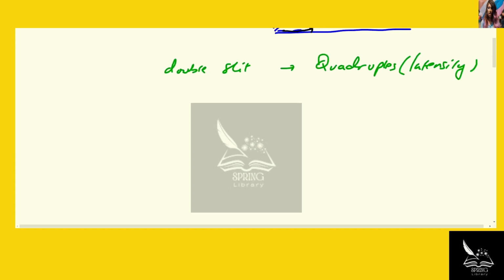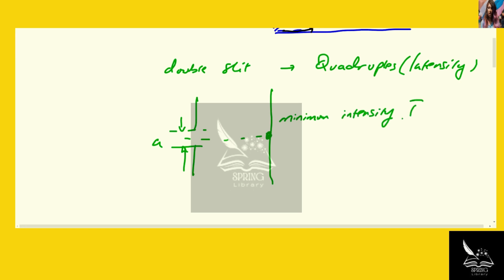Doubling the slit, how does it affect the intensity of light in this particular problem? The first thing we're saying is that the slit width, I'm going to call it A. The screen is on this side, so the minimum intensity we're going to call Im, M for minimum.